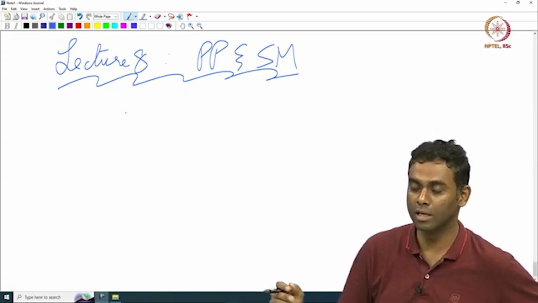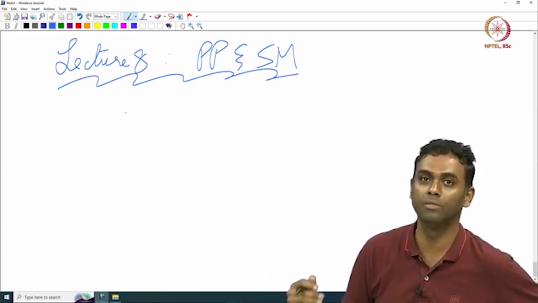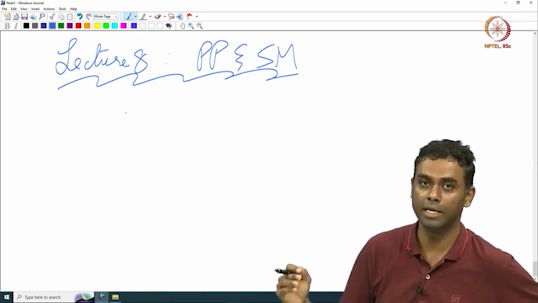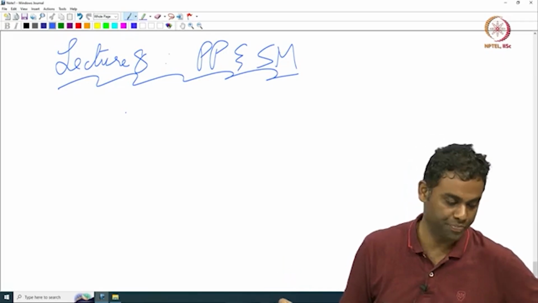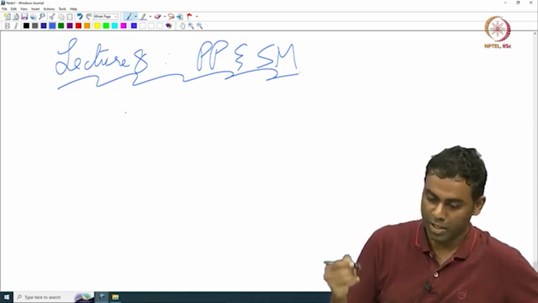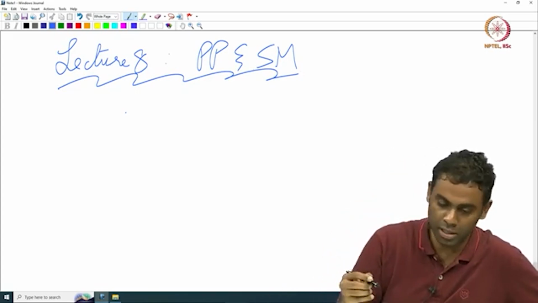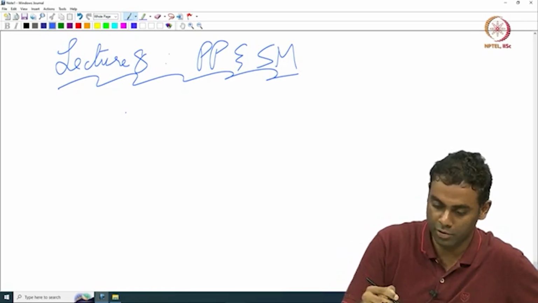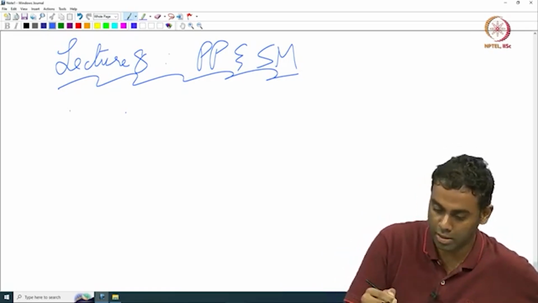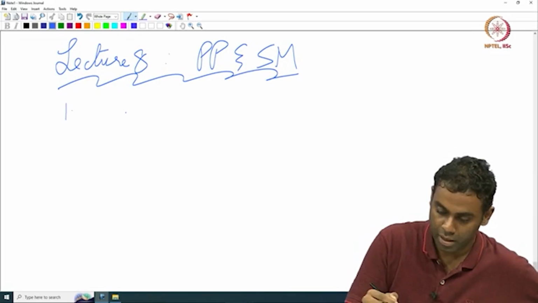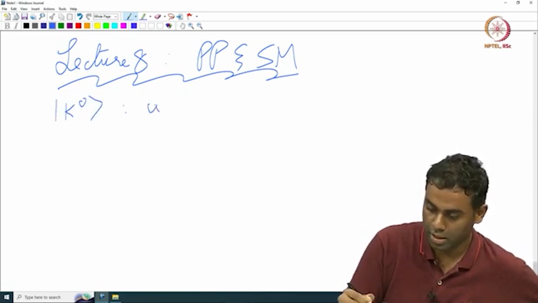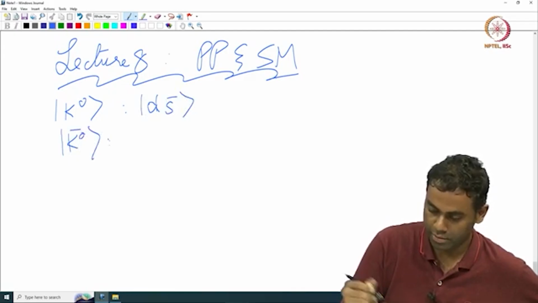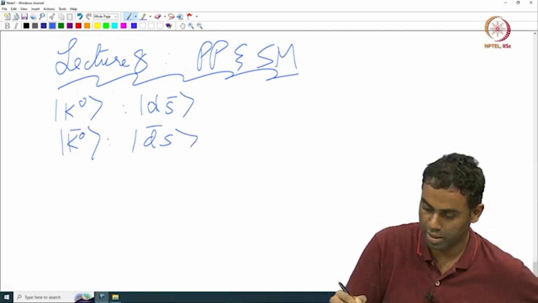And we started thinking about how experimentalists actually measured that there is CP violation going on in the weak interactions. That is a theme that we will be continuing on now. We saw that the system where the CP violation in weak interactions was detected was the kaon system, and in particular we looked at K0, which is the d s bar state, and K0 bar, which is the d bar s.